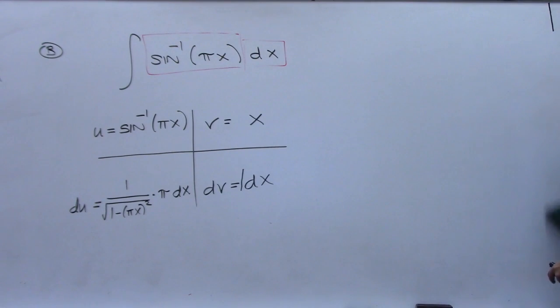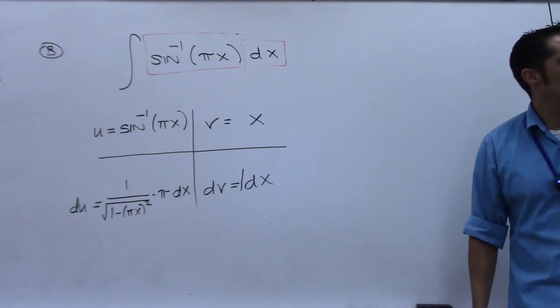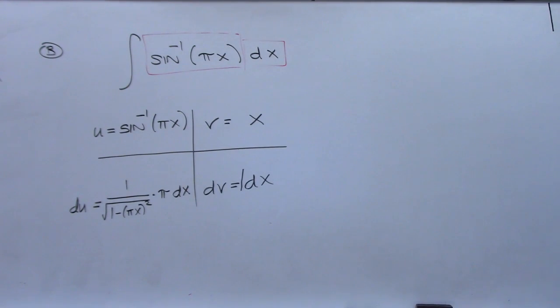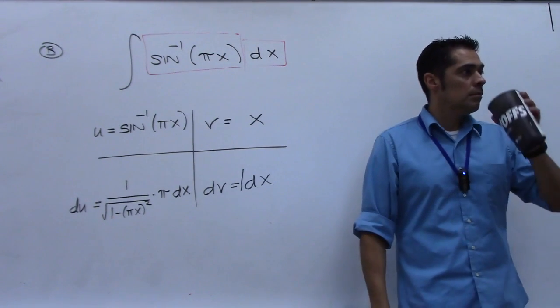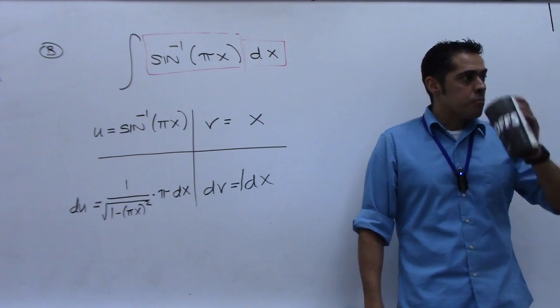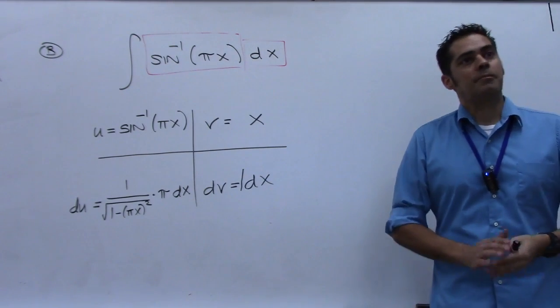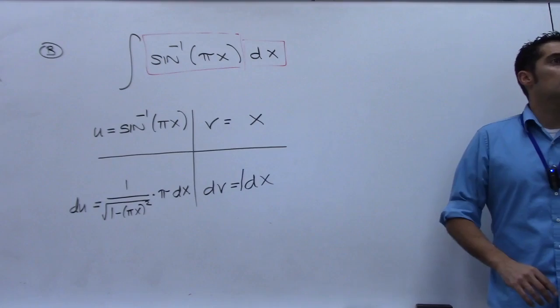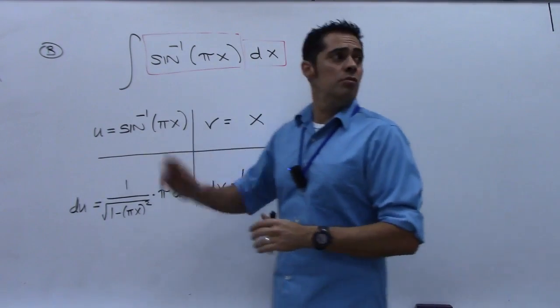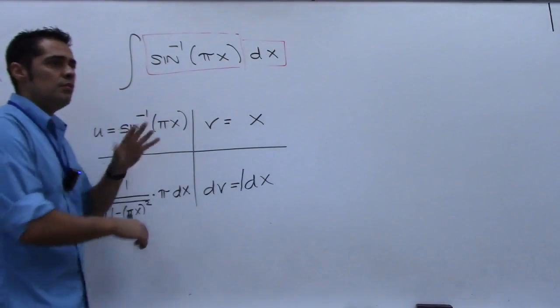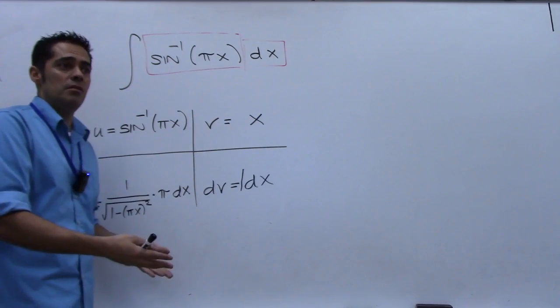Understand? Okay. Is that a good way of, if you're working and you're a little unsure, which one should I set up for my table? Is that a nice quick check? Oh, look, it'll zero out. It's going to put me right where I started. Obviously, if you ever are trying to put dv to be dx, you know right away you're going to get back to the original integral. Right. Okay?